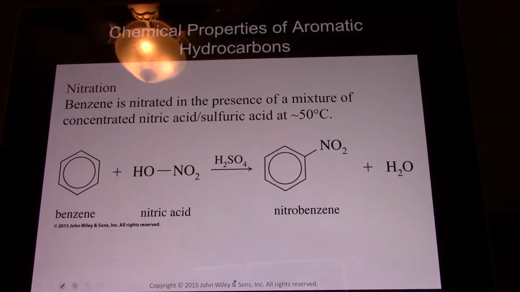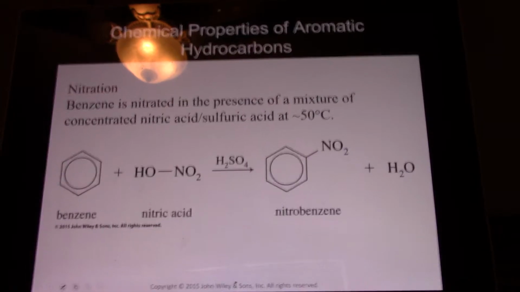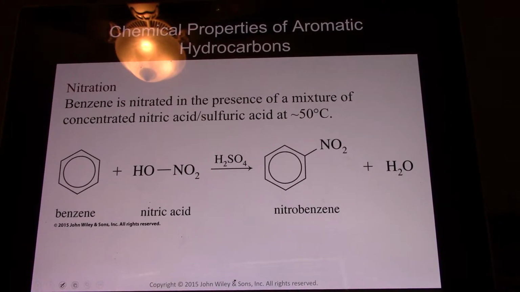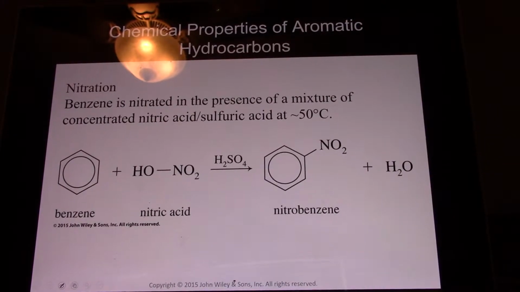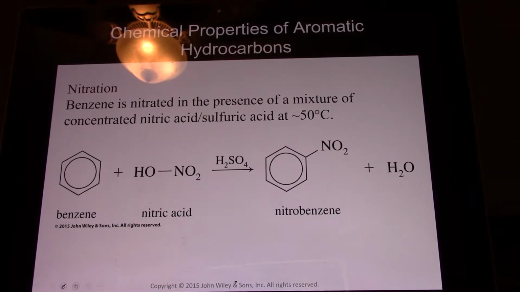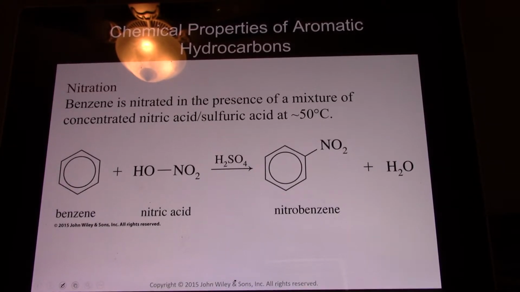For nitric acid, let's do our Lewis dot structure. We get 6 electrons for each oxygen, so that's 18 electrons for oxygen. You get 5 for nitrogen, you get 1 for hydrogen. So we have 24 electrons to work with.